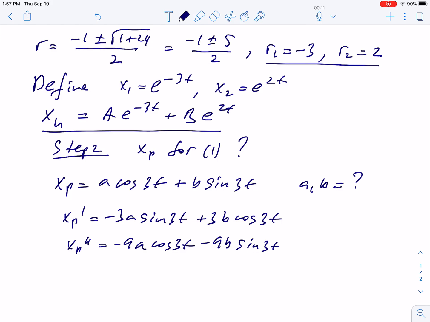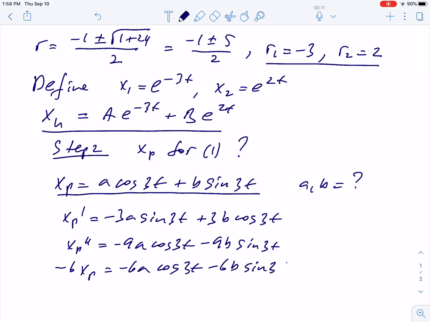Differentiation by chain rule, coefficient 3 comes out. Now to facilitate the computations, I shall multiply xp by -6 and put it here in the third line: -6a cosine 3t minus 6b sine 3t.